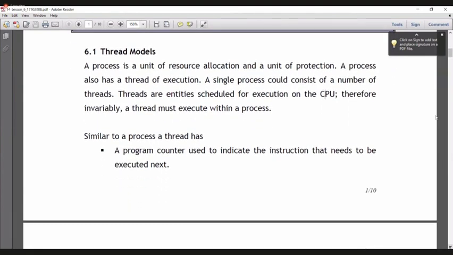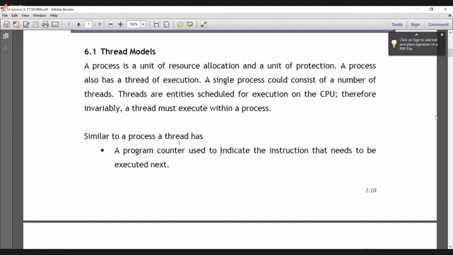Now, similar to a process, the thread has, so what's the similarity? Something called a program counter. Why do we use a program counter? It is used to indicate the instruction that needs to be executed next. So when you are running a program, you have a number of instructions in your program.